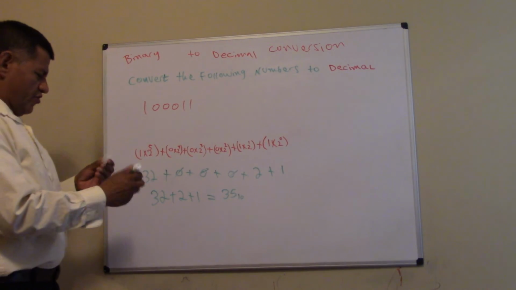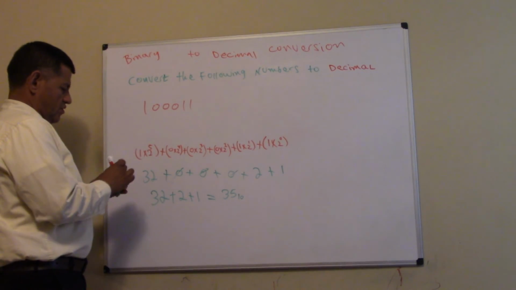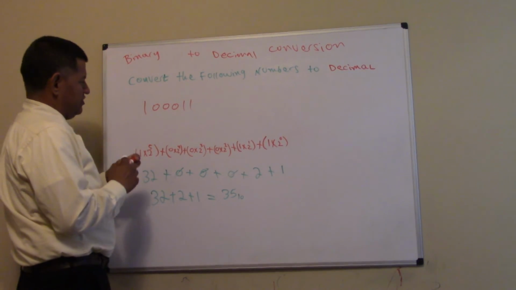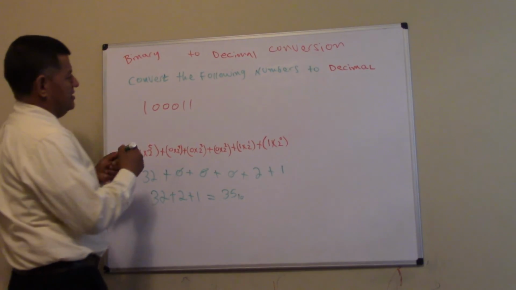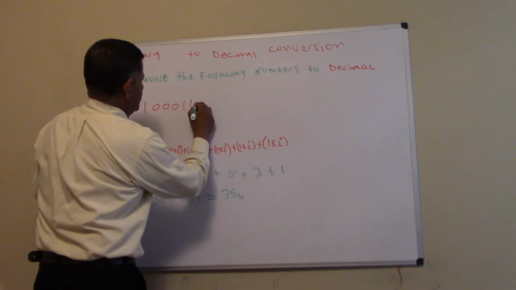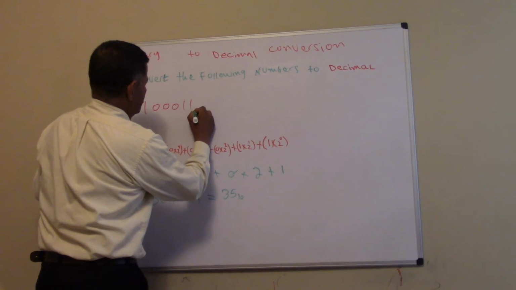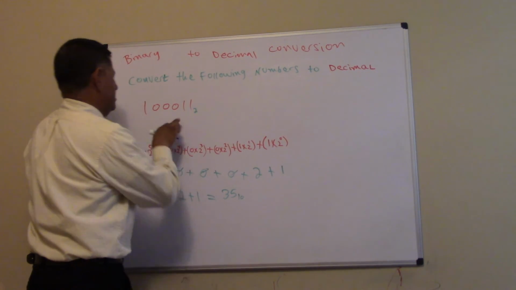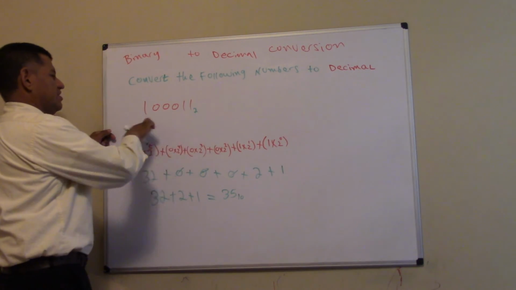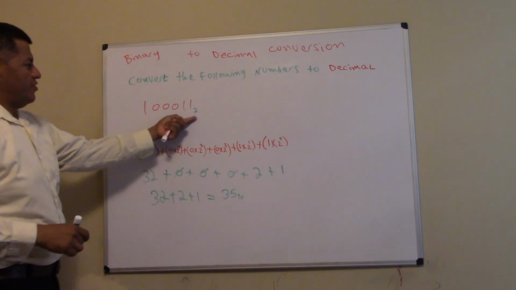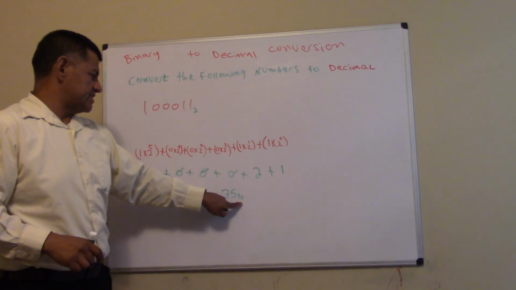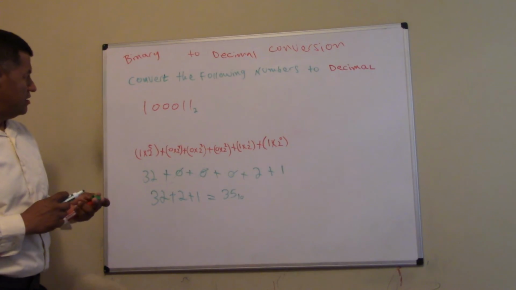Now, just note, usually some of the textbooks write this as base 2, because it's binary. Usually they put a base 2 in here, and they put a base 10 in this number.